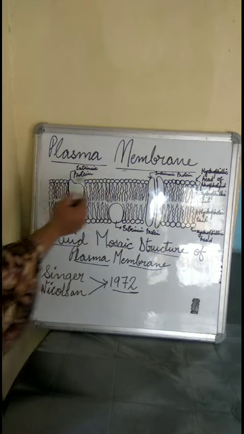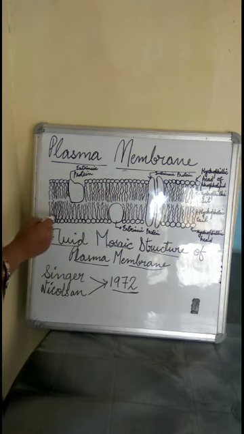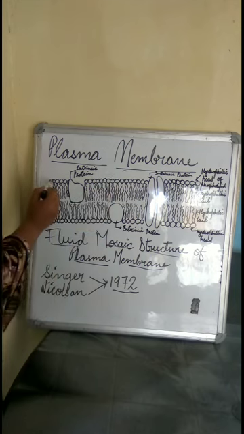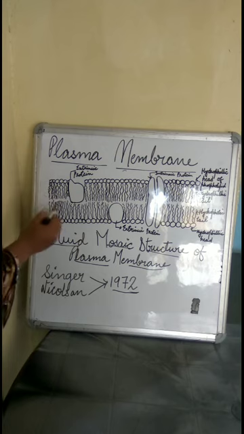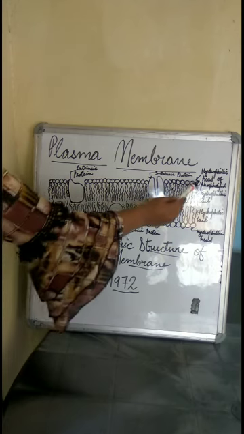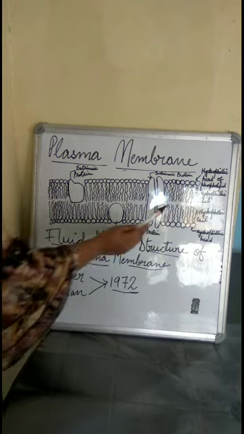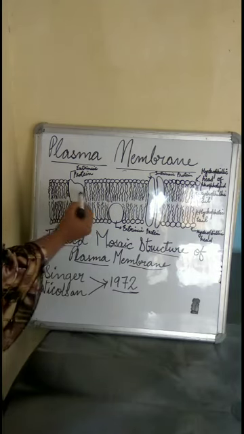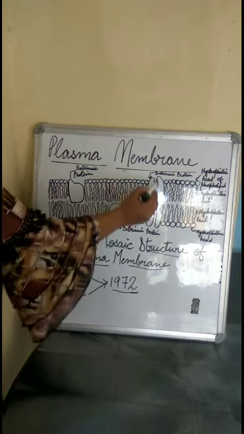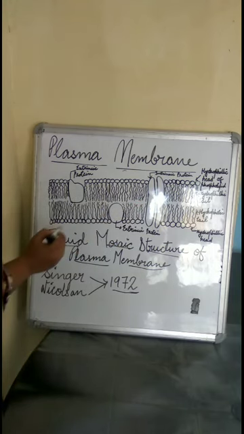The plasma membrane consists of a bilayer of phospholipids. Here these are the phospholipid molecules, and there are two layers of them, one this one and the second this one. It also comprises proteins. These molecules which are present are the proteins.